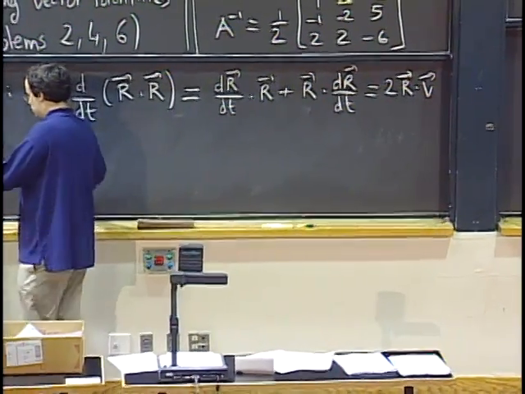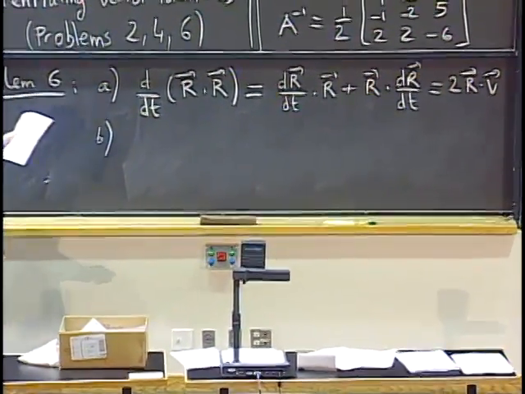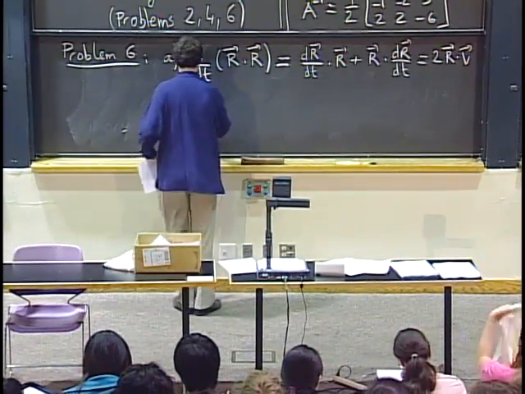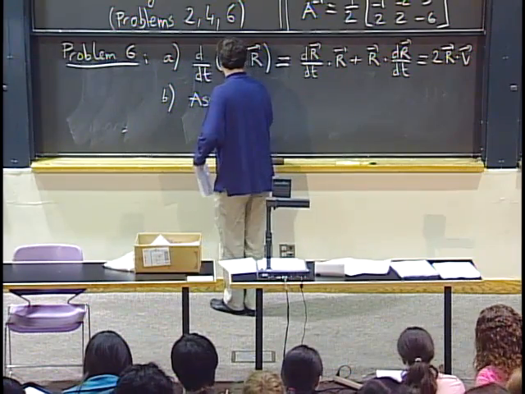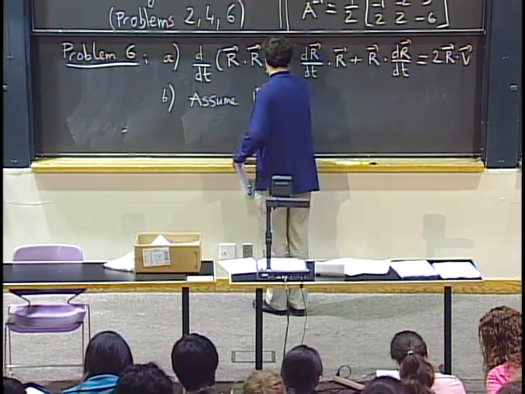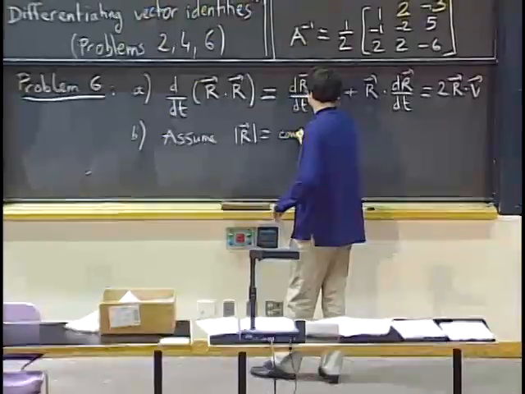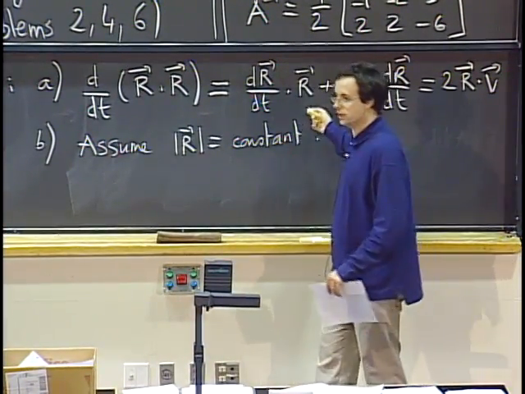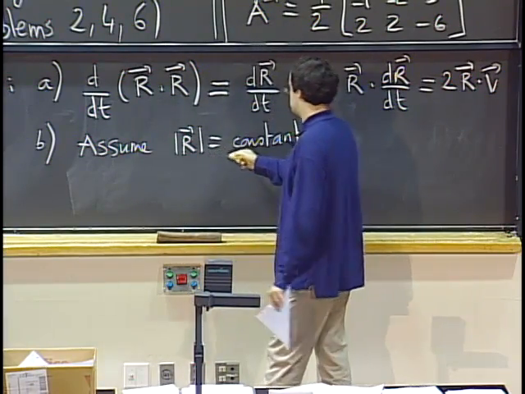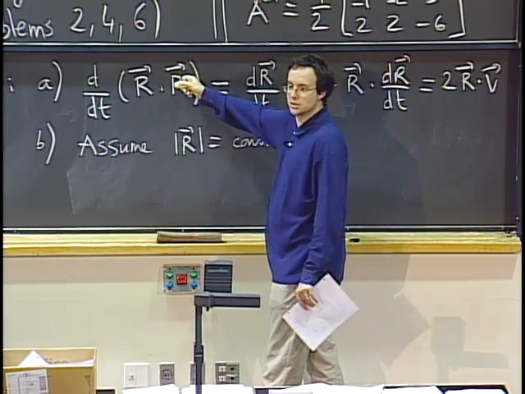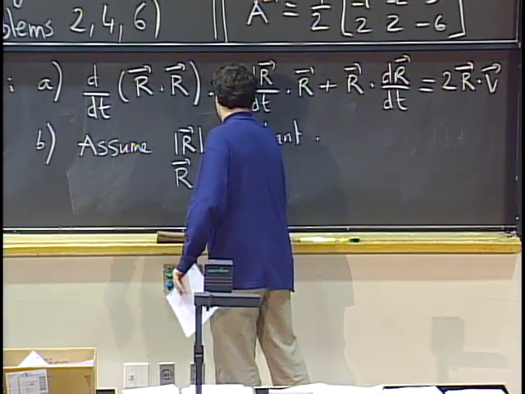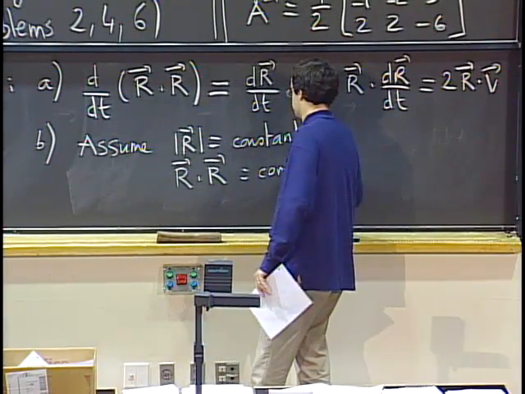Now it says, show that if r has constant length, then r and v are perpendicular. So all you need to write basically is, we assume length of r is constant. That's what it says, r has constant length. Well, if r is constant in length, then r dot r is also constant.